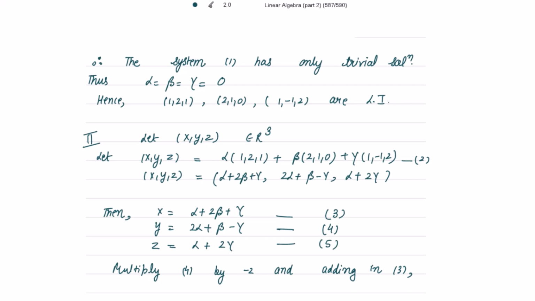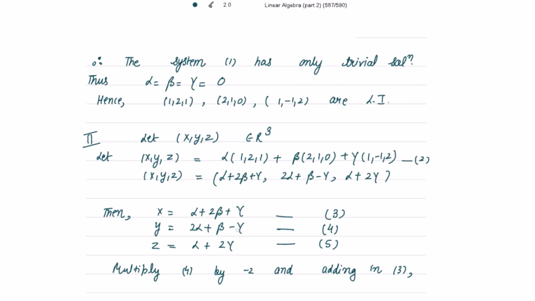Now first, what I have done is, I have multiplied 4 by -2 and added it to 3. So this is 4. Just multiply this with -2. I get -4 alpha, and adding to this third equation, -4 alpha plus alpha gives me -3 alpha. And then -2 beta plus 2 beta will cancel each other.